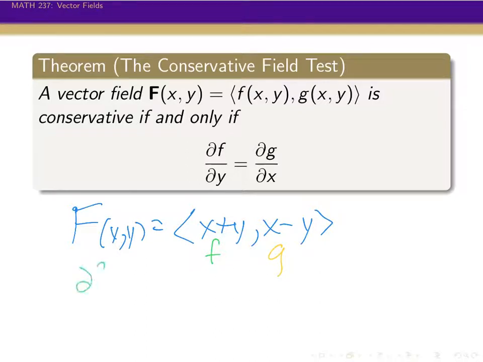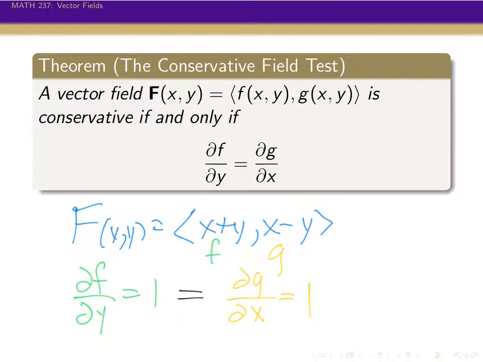My partial of f in terms of y is 1, my partial of g in terms of x is also 1, and so these two match up, and so this works.